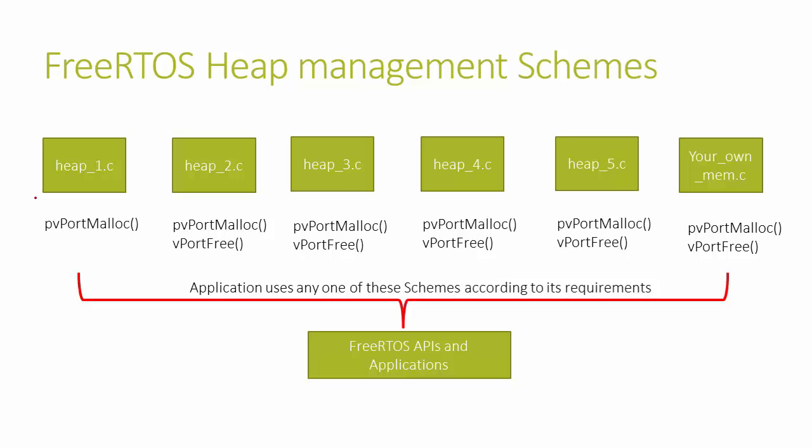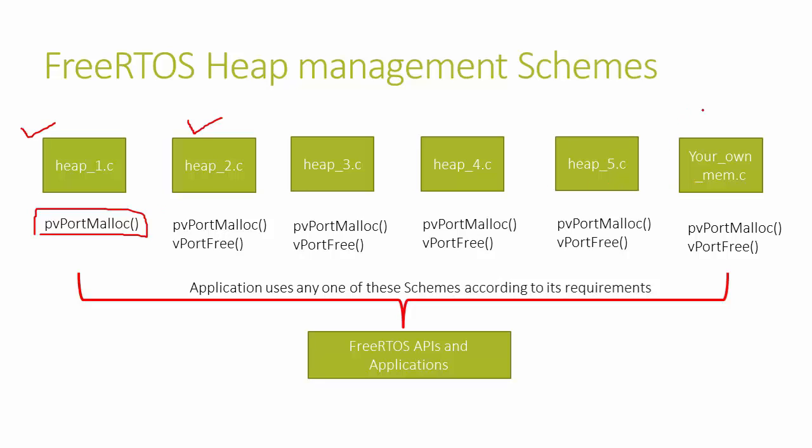For example, if you consider heap_1.c, it gives the API pvPortMalloc. It won't give you any API to free the memory. So if you use this scheme, then you can only allocate memory, you cannot deallocate memory. Like that, there are up to 5 different implementations. You should choose whichever suits your application.